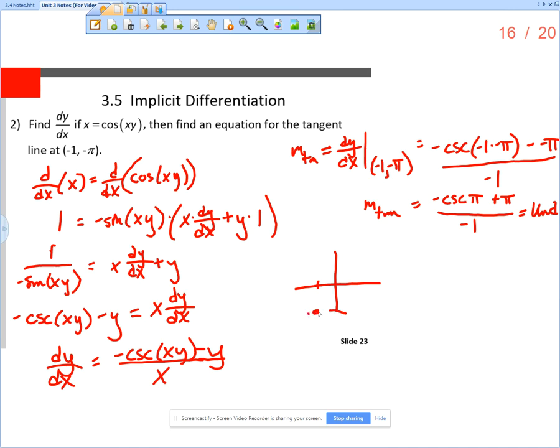So right here, negative 1, negative pi. How do we write a vertical line like that? Well, that's actually just x equals negative 1. And so x equals negative 1 is the equation of the tangent line at negative 1, negative pi. So that is slide number 23.